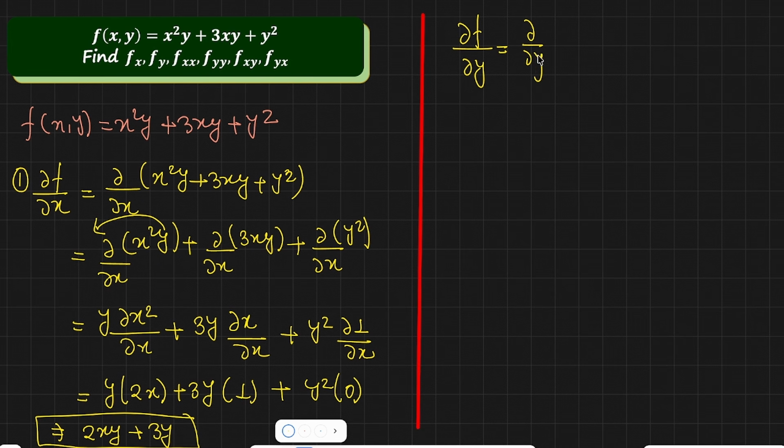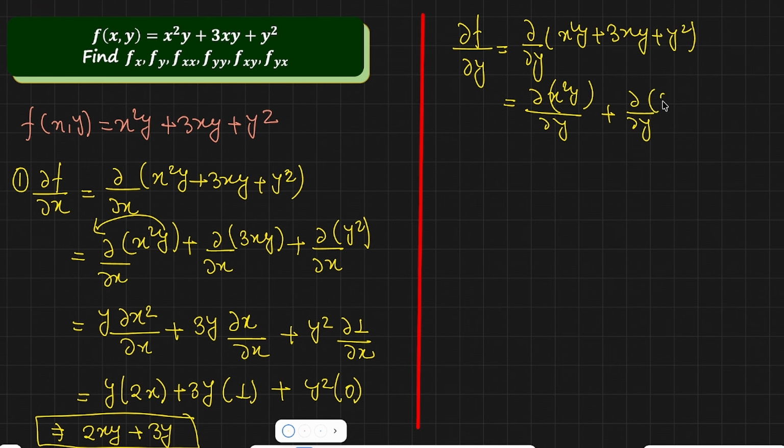The partial derivative with respect to y of x square y plus 3xy plus y square. How to find this? That is very easy. It is something like this: partial derivative of x square y with respect to y, partial derivative of 3xy with respect to y, partial derivative of y square with respect to y.